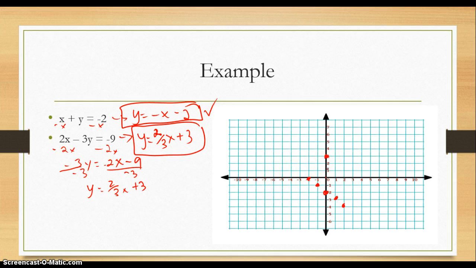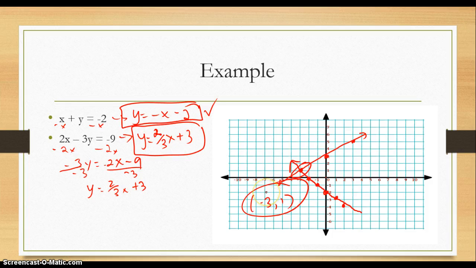I'm sorry, up 2, over 3. Okay. Now, if I kept going on this line, I could see that they're going to intersect each other at this point right here. That's my guess. That at -3, 1, they're going to intersect each other.